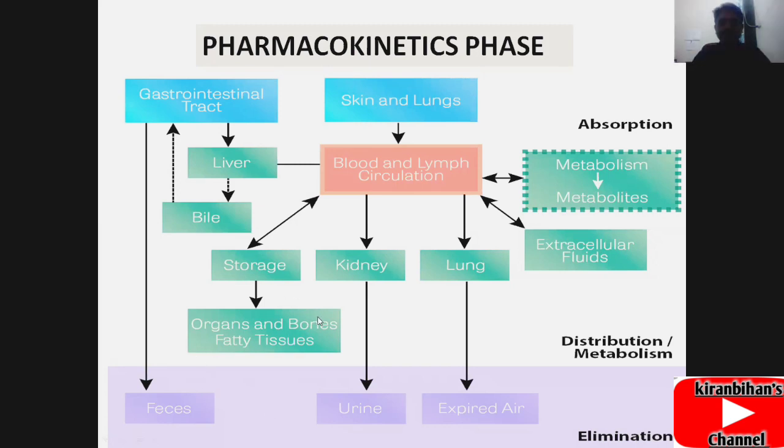The pharmacokinetic phase is not as easy as we think. Absorption, distribution, and elimination. Here you can see if the drug is taken through the oral route, the drug enters into the liver, and from the liver it gets into the bile, and from the bile it again enters the GIT, and from the GIT the drug can pass and be excreted into feces.